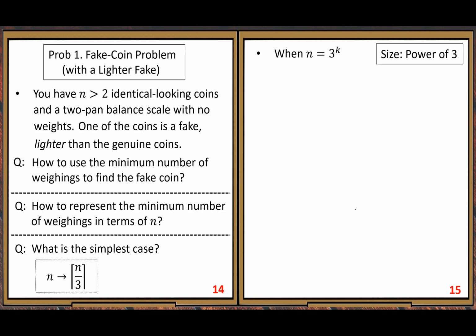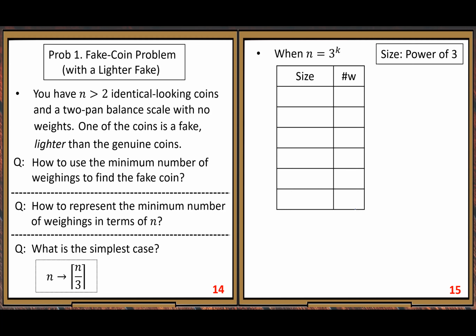Is that the log base 3? Don't guess. Here, let's run it: left column size, right column number of weighings. Try to find some rules between these two columns.